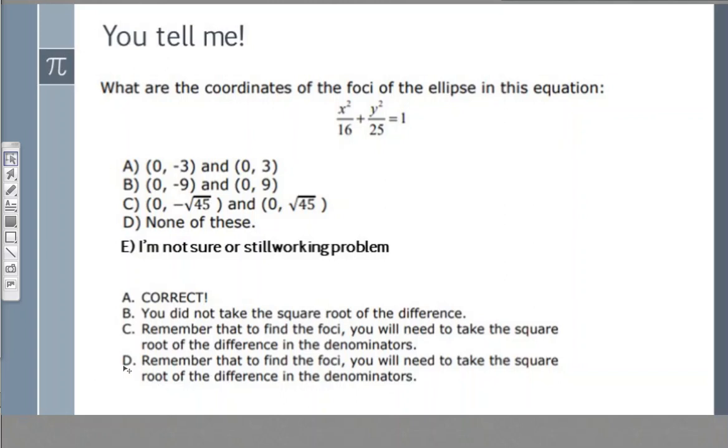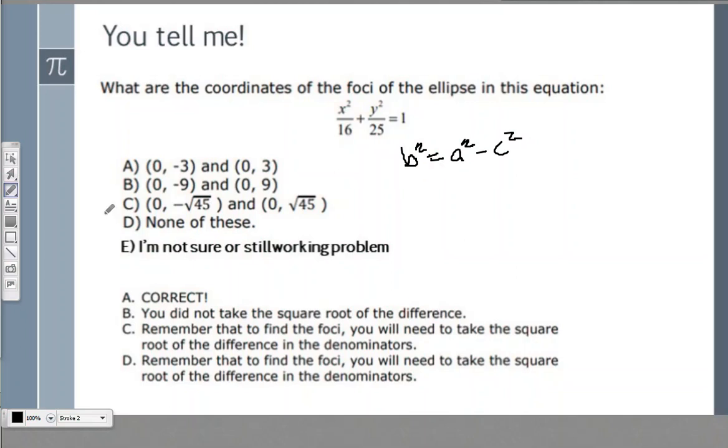So what we did here, say I got b squared equals a squared minus c squared. And now you go to your summary in order to figure out which one is b and which one is a.